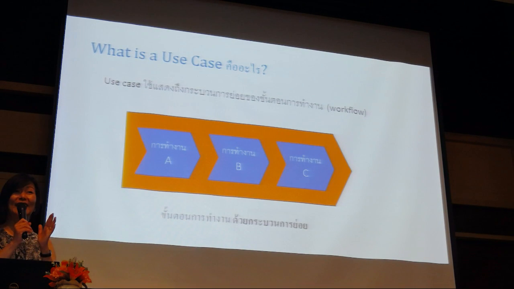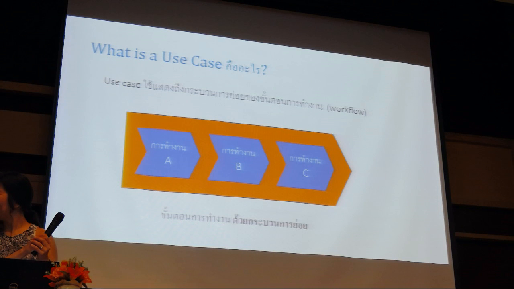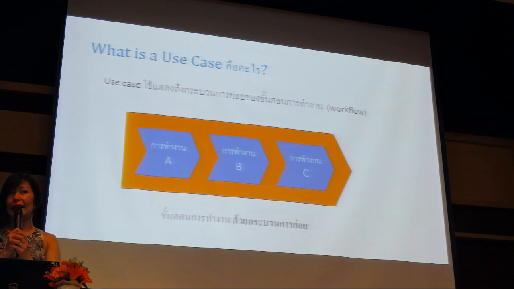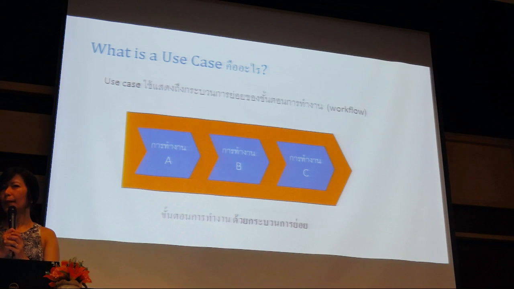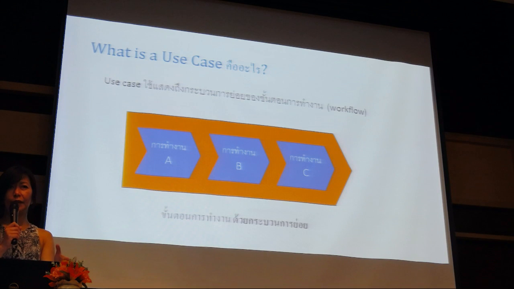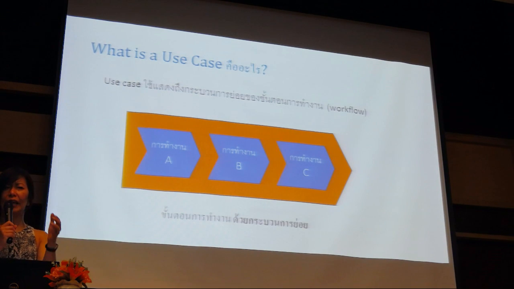Very good. So what Paul said is exactly right. We look at a task that we have in our process, and then we say, okay, how do I do this task in K&K?